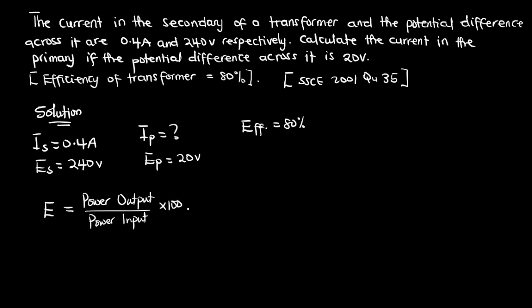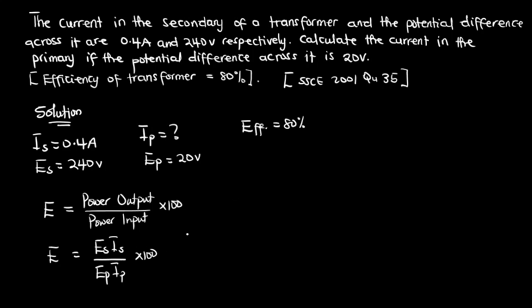So if we want to get rid of the 100 over here, we divide both sides by 100, or we can leave it like this. So basically it means that our efficiency is equal to the power output, ES IS, over power input, EP IP, multiplied by 100. Are we okay?